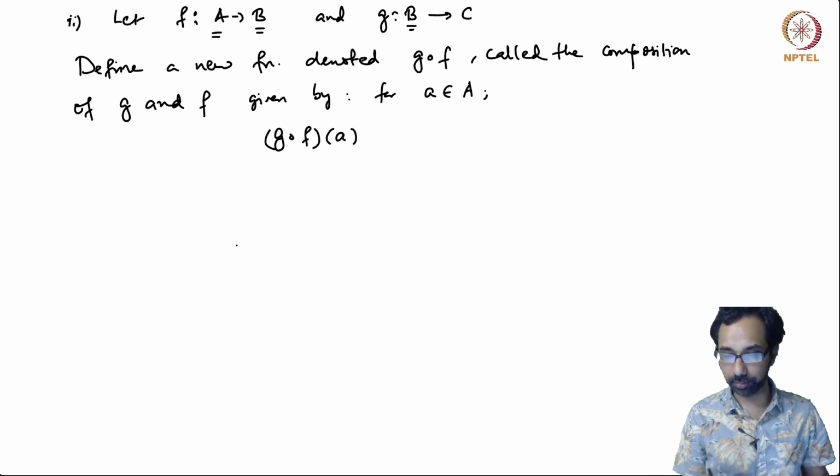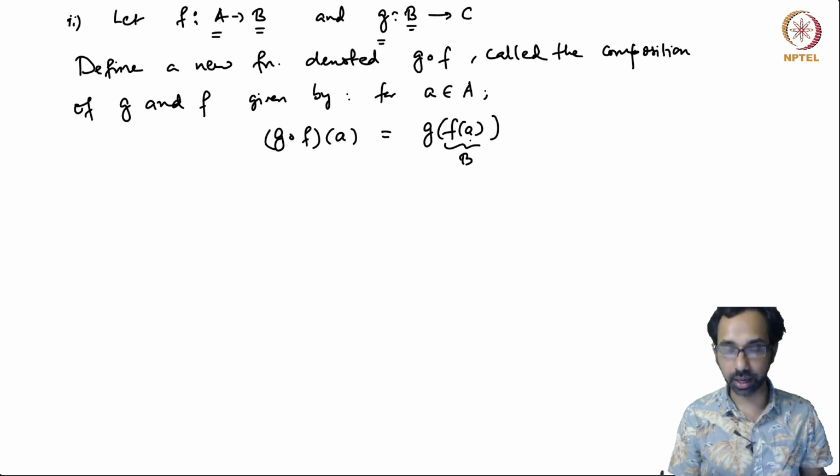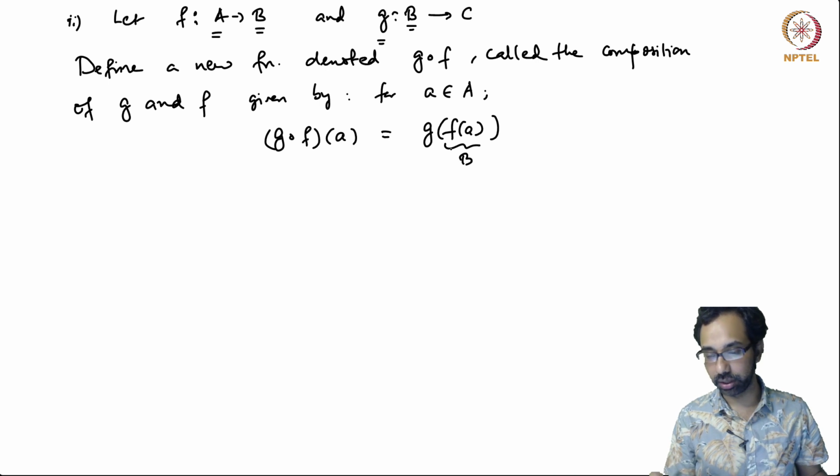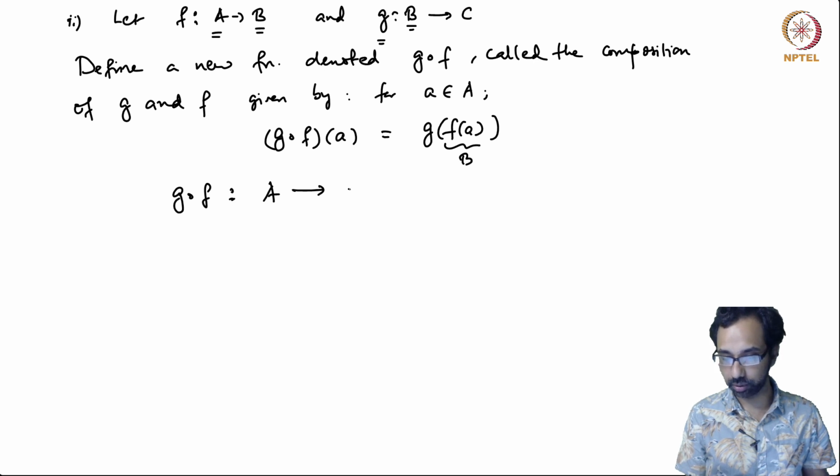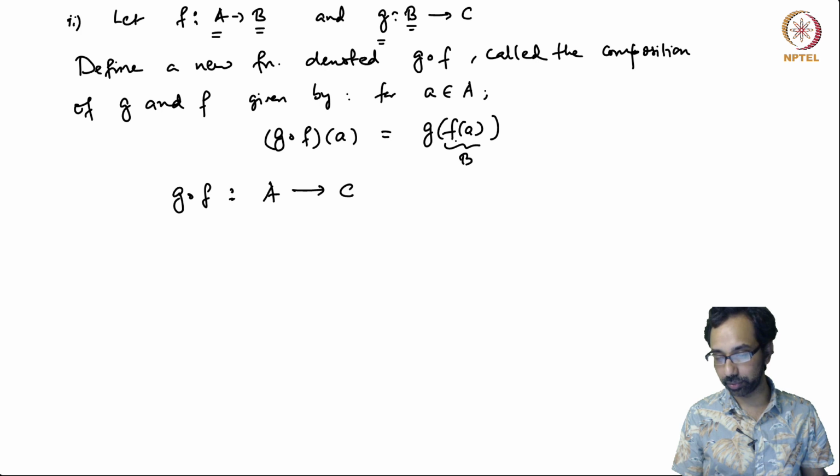So this is for a in this domain of f. So if you take any point a in a, then f of a now lies in b, and so now you can apply g to this function. So first apply f to a and then apply g to the result. And so now g composed with f is a map from a to c, because first you map from a to b.